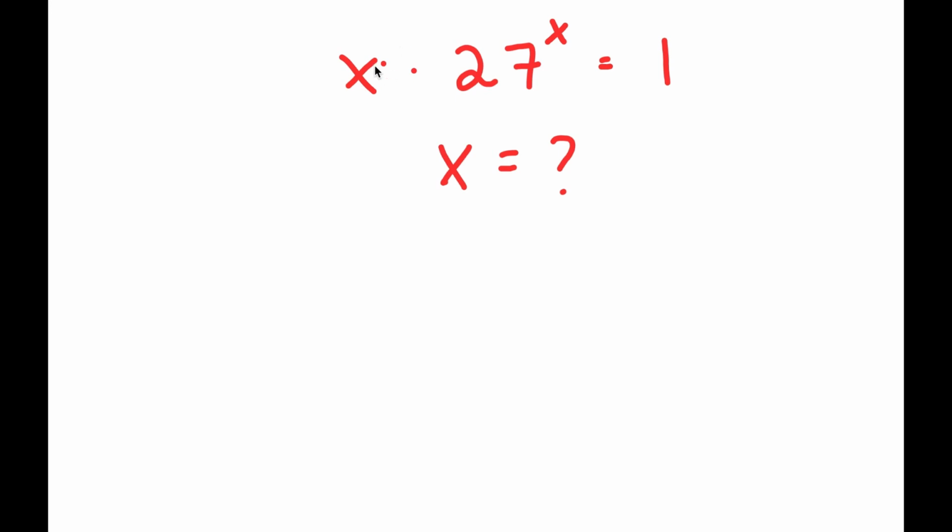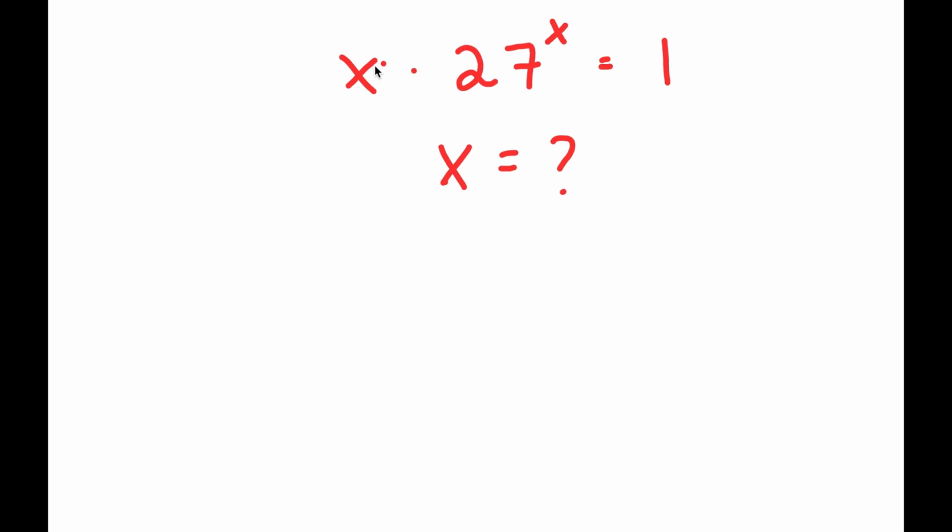So now for my solution, I'm going to rewrite my equation down here. X times 27 to the power of x is equal to 1. And now I'm going to divide both sides by x.